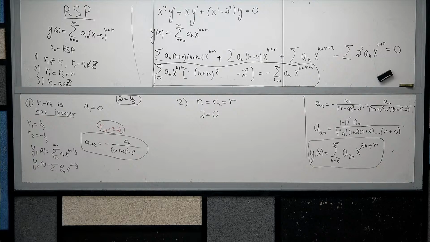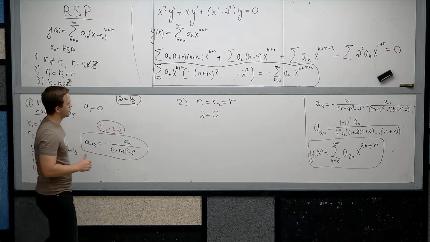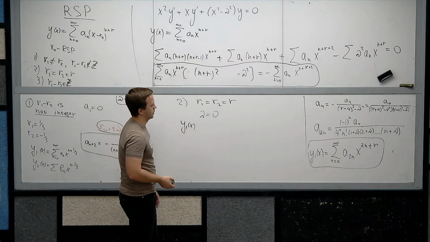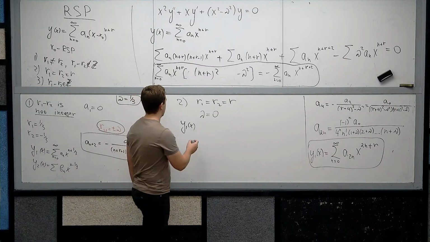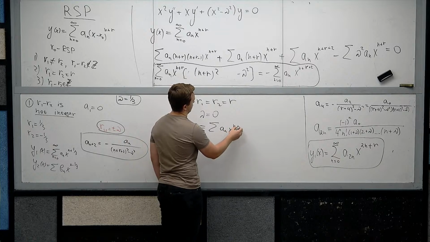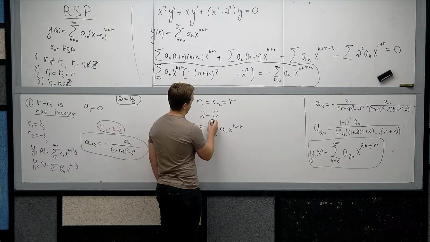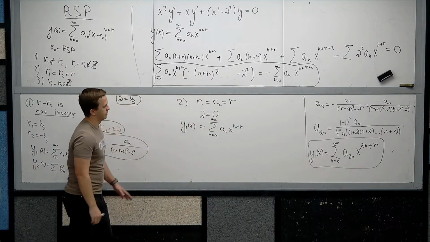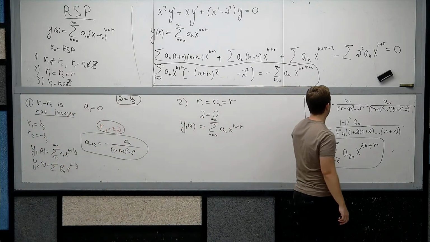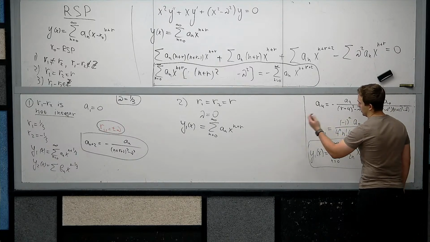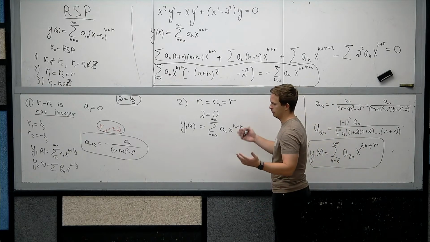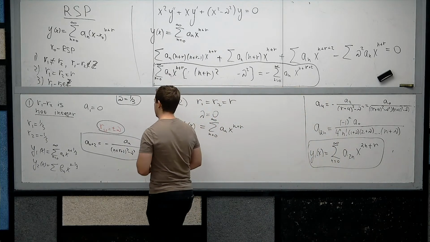So in this case, what we do is we find the first solution as usual as a power series. Do the same, plug into the equation, then obtain this general formula for the expansion coefficients, and then plug it here, and that's how you obtain the first solution.